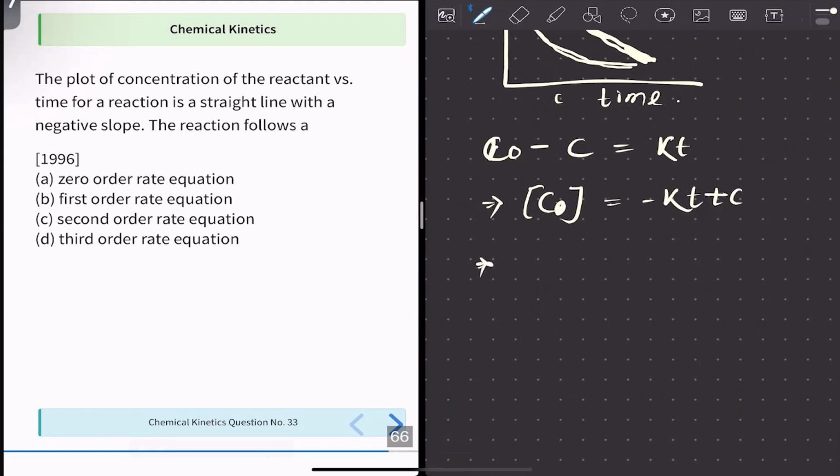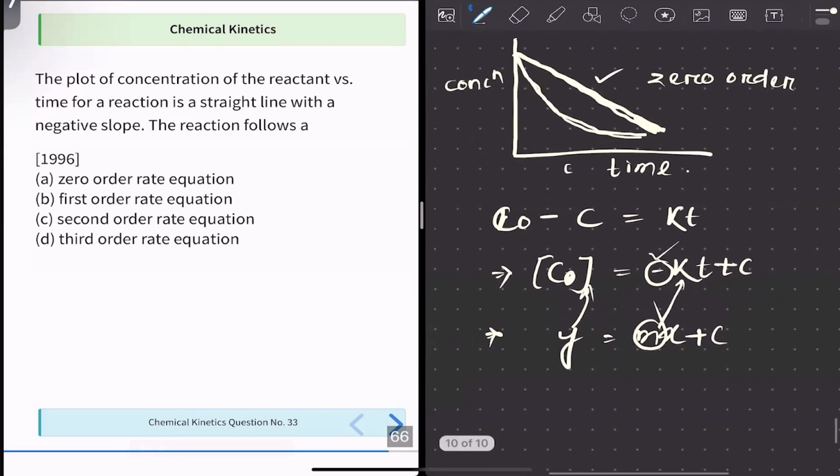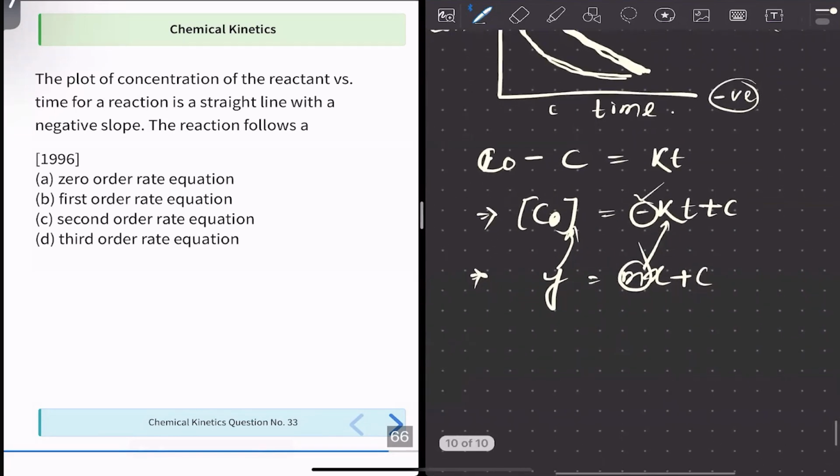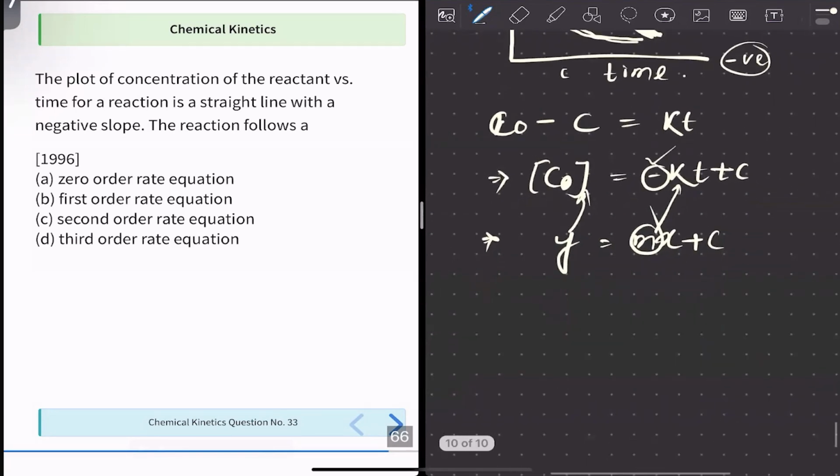If you can see the resemblance here, y is equal to mx plus c. It is the same as C equals C naught minus KT. Here m is minus K, so the slope is negative. Okay, so let's move on to the next question, 34.